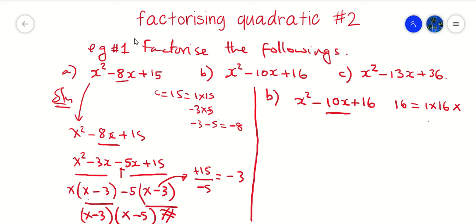Factor nyingine ni 2 times 8. This one, it can give us 10, lakini we need to bear in mind we need negative 10. Kwa hiyo factor ambazo tutazitumia itakuwa ni minus 2 minus 8. Kwa hiyo tukisplit negative 10x tutapata x square minus 2x minus 8x plus 16.